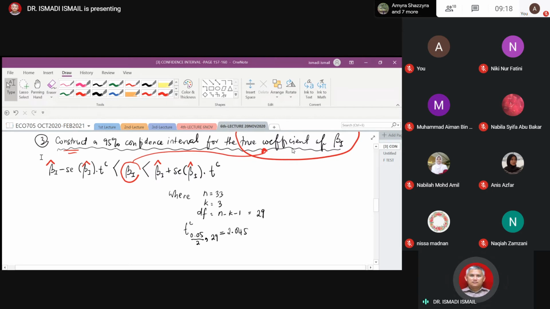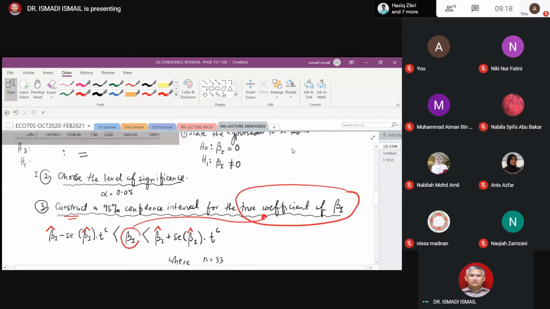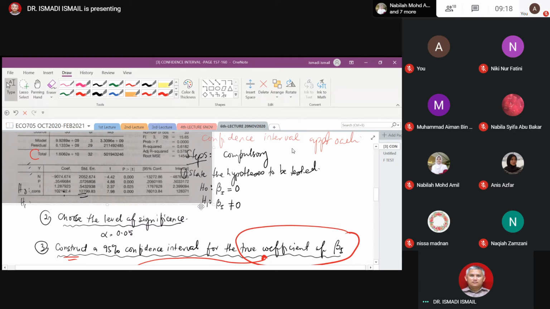Now you start constructing your confidence interval. Your beta hat i is given by this value, 1.2879.